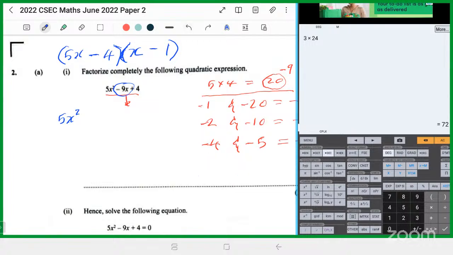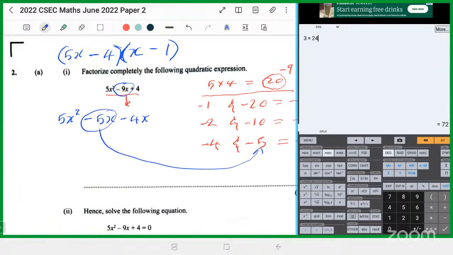Now I'm going to put the minus 5x first, because the 5 factorizes nicely with this one. Then I'm going to put the minus 4x. So I got this one from this, and I got this one from that. And then this plus 4 must come back over here, plus 4. And that is it, I've broken it up into 4 terms.